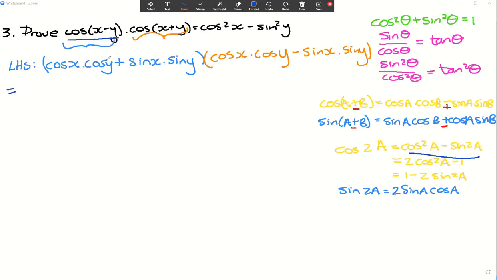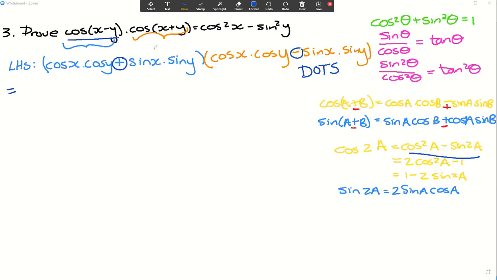So now we've got two brackets. These brackets are exactly the same. The only difference between each bracket is the sign within that bracket. And when we have brackets that are exactly the same and the signs are different, we do DOTS, and DOTS is difference of two squares. In a DOTS bracket, you won't have a middle term. You won't have your nose multiplying with your mouth to give you a middle term. You'll only have your eyebrows.